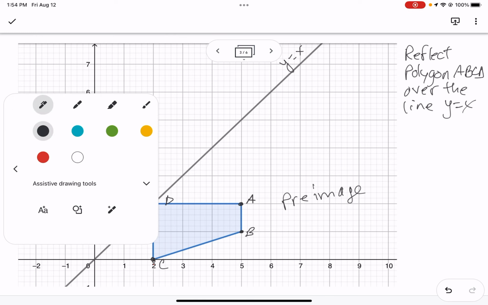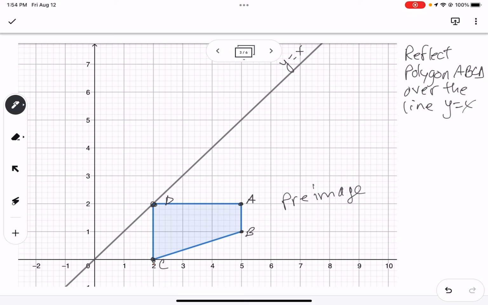But because y equals x is slanted, instead of just going straight up and down vertical like the y-axis, you would go 1, 2 up. And this would be our C prime. You can see here that from the original to the new makes an L, which is a 90-degree angle or a perpendicular angle. So equidistant from y equals x, but in another direction.